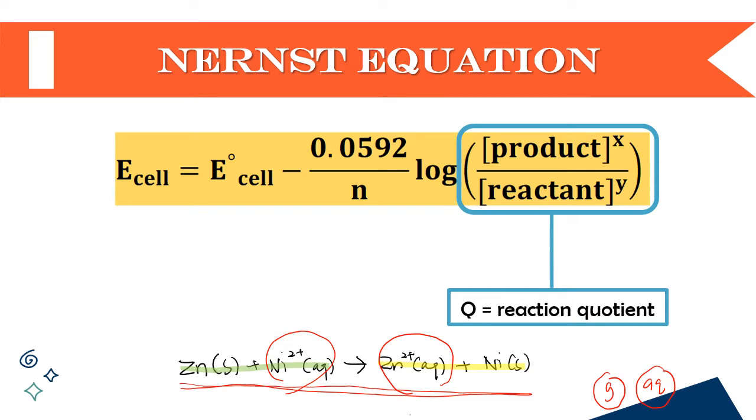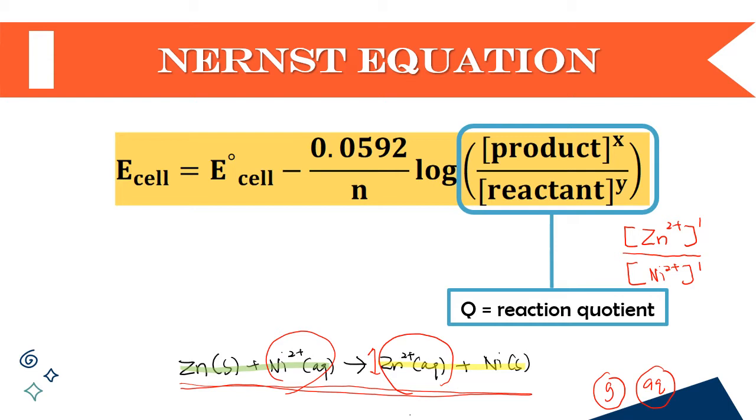So the Q here will be: our reactant is zinc, so the concentration of zinc 2 plus. Since here we have the power of 1, you don't have to write 1, meaning our X is 1 over nickel 2 plus to the power of 1.